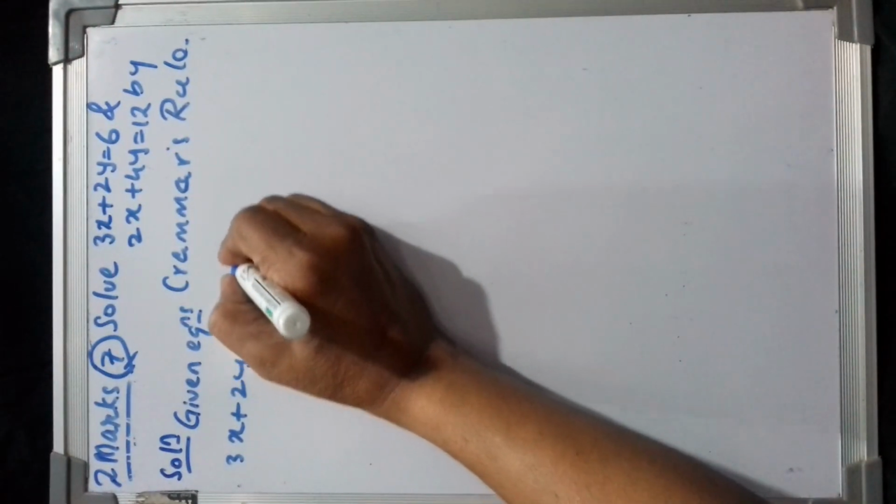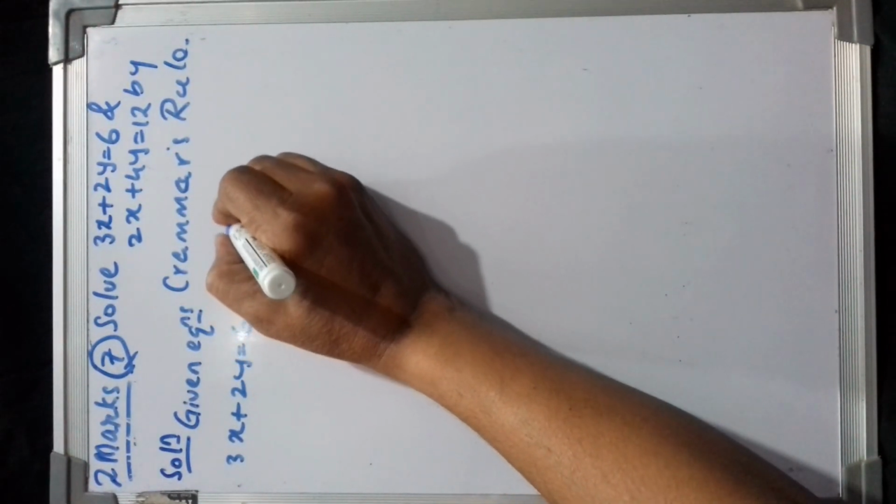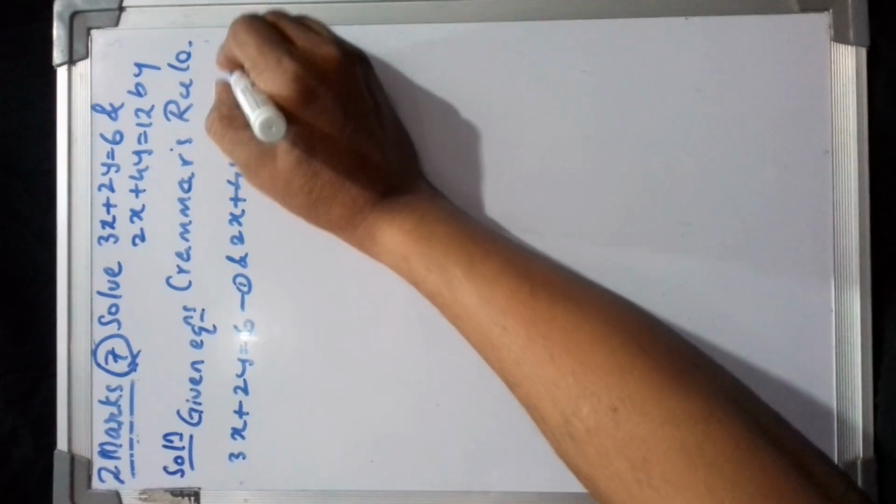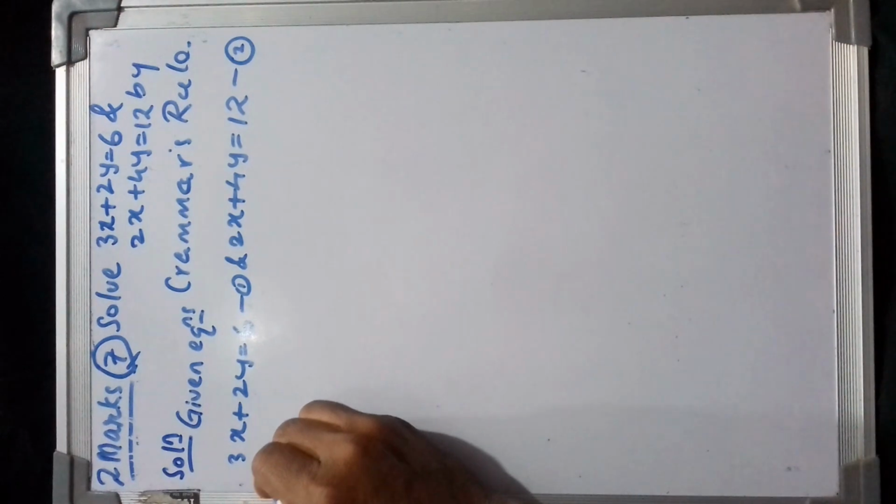Alright, in the next question we have to solve 3x plus 2y is equal to 6 and 2x plus 4y is equal to 12 by Cramer's rule. So the given equations are 3x plus 2y is equal to 6. Let's give this equation number 1, and 2x plus 4y is equal to 12, and let's number this 2.